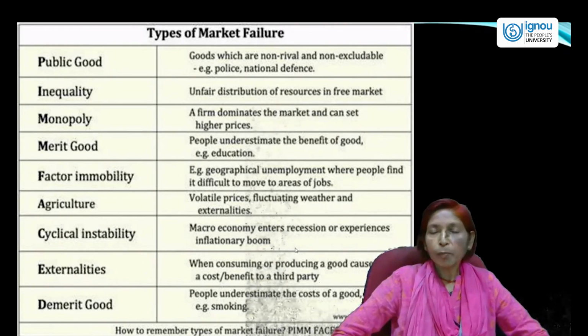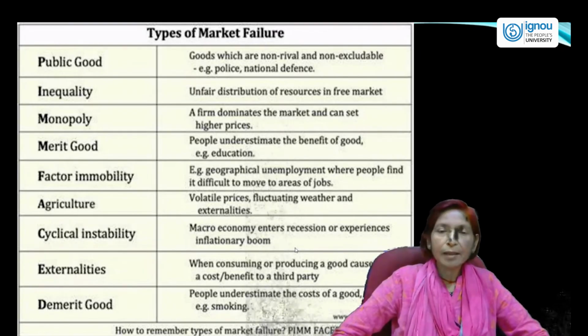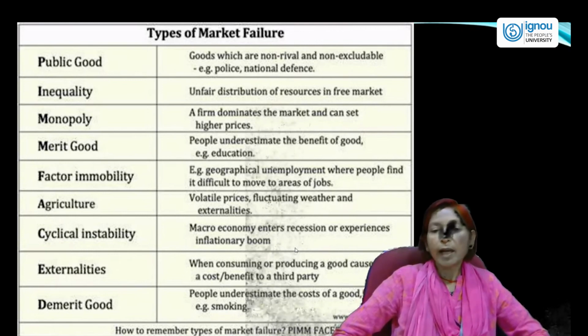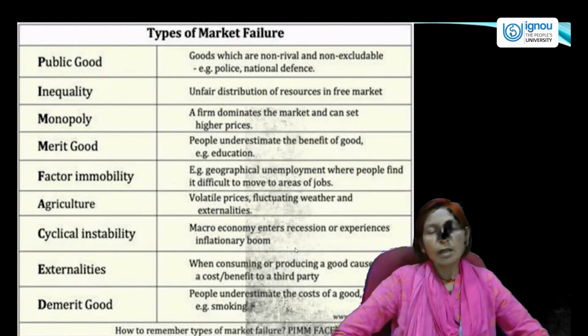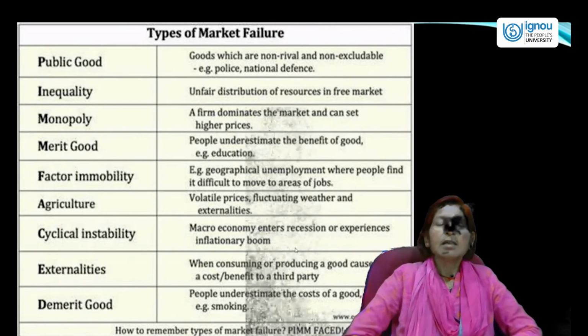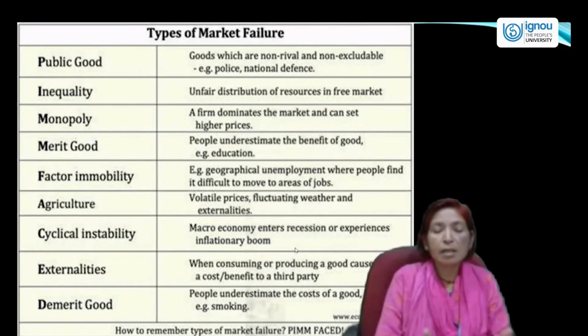According to Schumpeter, business cycles have four stages, and these cyclical fluctuations create instability at the macro level. So when the macroeconomy enters a recession or experiences inflation in a boom situation, this cyclical instability is also a main cause.